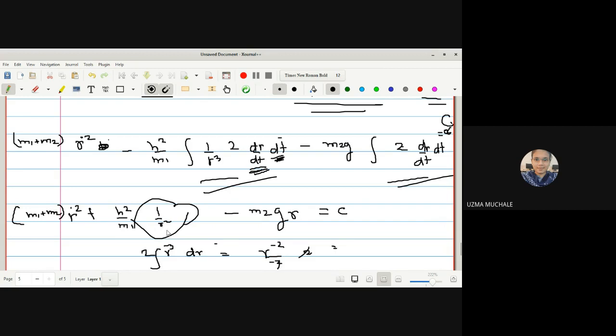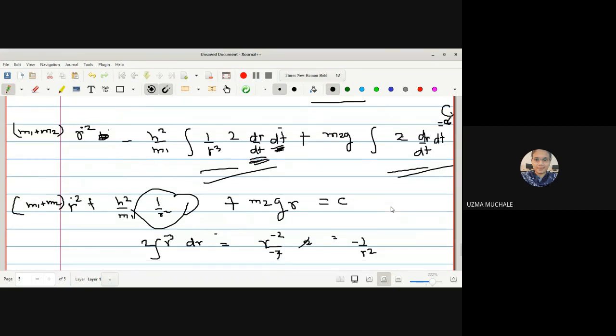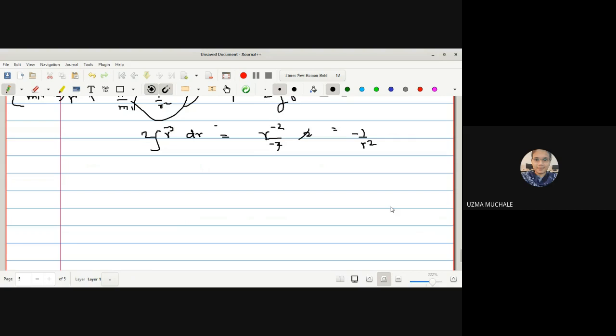So I can write it as 1 upon r square only. Here the integration is minus 1 upon r raised to 2, so minus minus becomes plus and you get the result. Actually it is plus, no? So you can keep it as plus. And this is the required first integral.